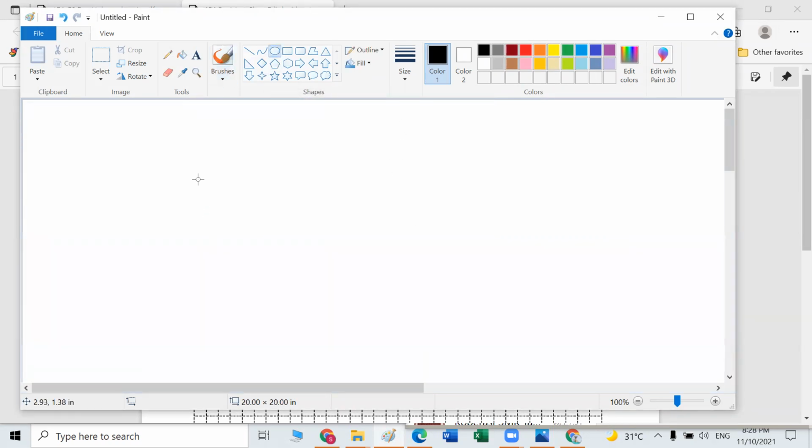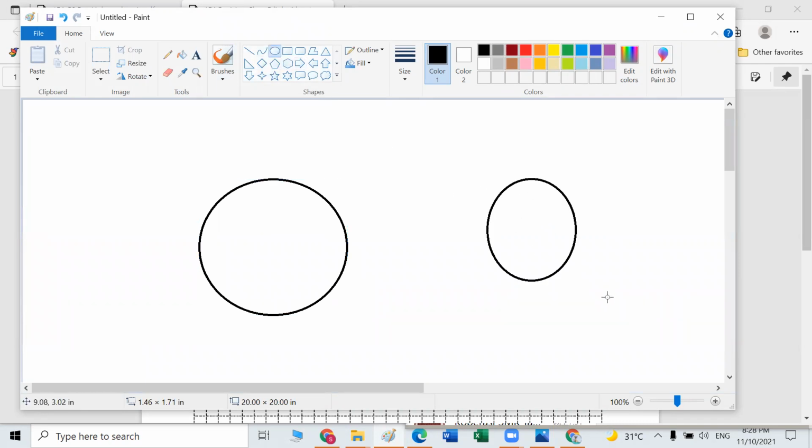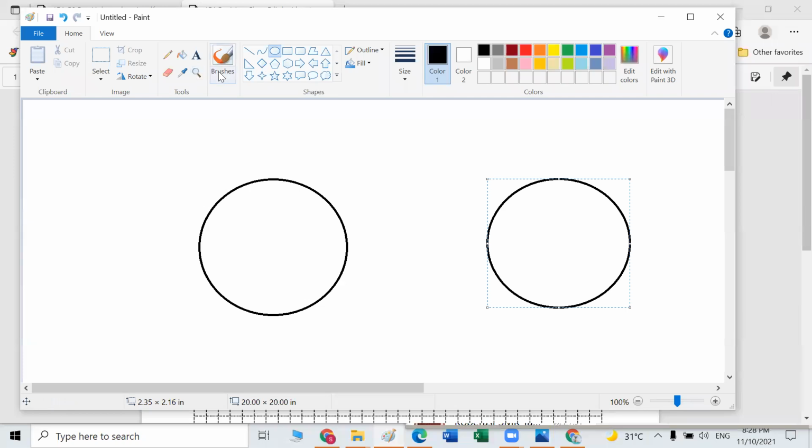We say this is a concave mirror and this is a convex mirror.